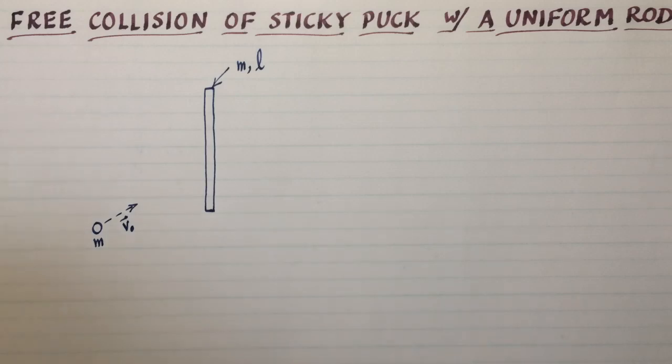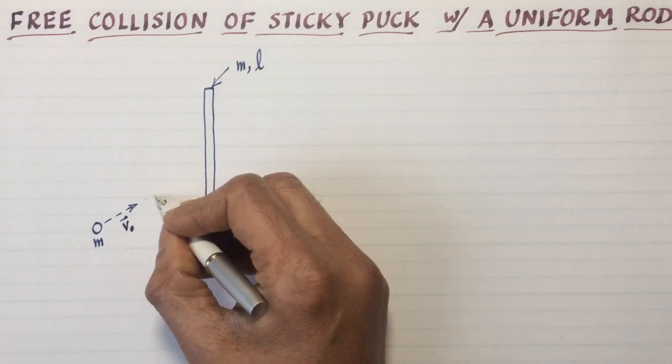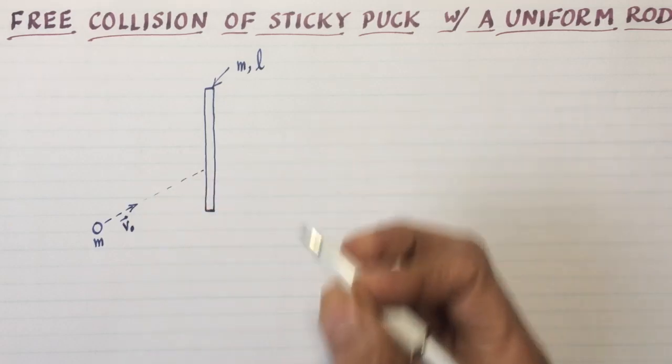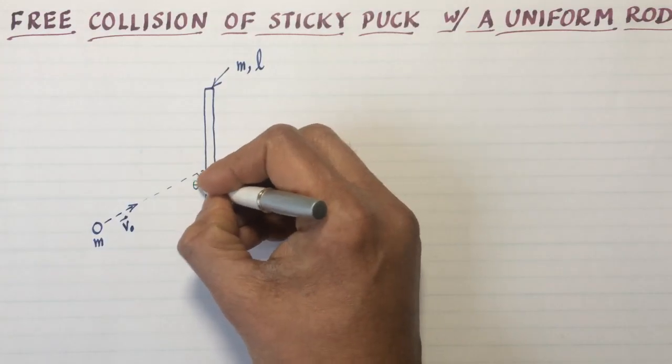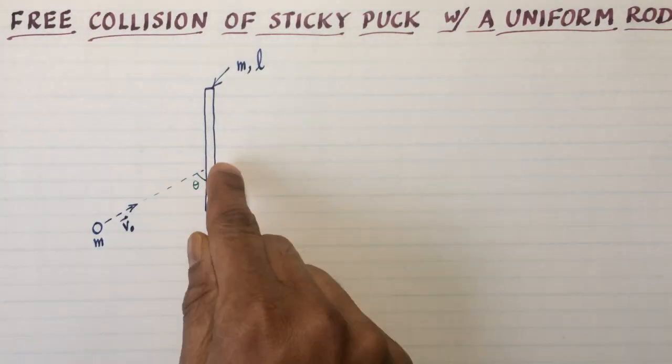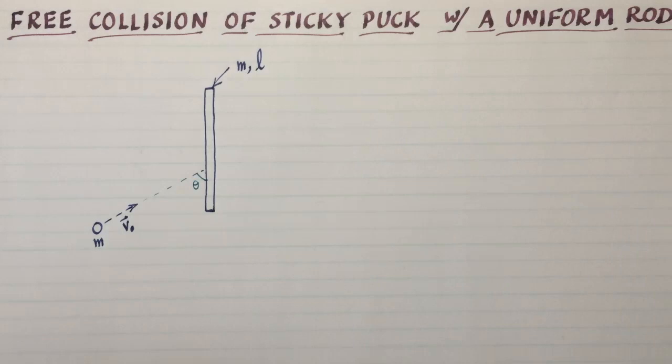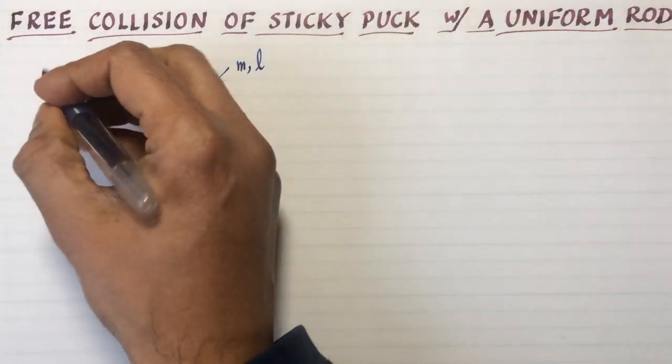So let's assume that it eventually is going to collide with the rod someplace here and make some angle theta in doing so and stick to it. It's a sticky puck, so it's going to stick to it, and our problem is to describe the subsequent motion after sticking.